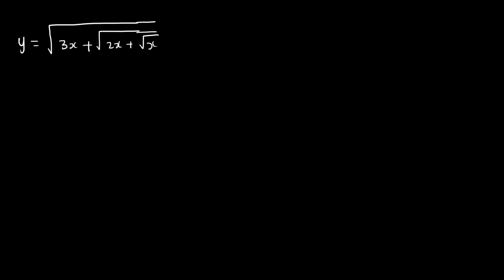Okay, then the first thing, if you want to make your life easier, always check the main function, which is half. The big square root, that's your main function. Then after that, you have another big square root, which is another half, which has 2x plus square root of x, which is x exponent half if you want.